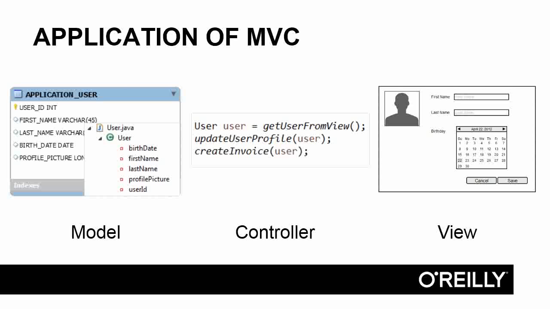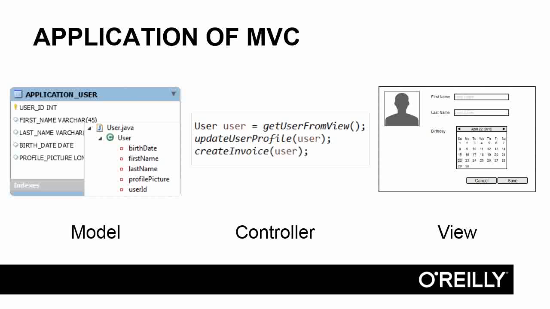And then finally, we have the view on the right side of our diagram here. And this is basically the user interface that's going to collect the information from our user. And you can see how it represents the different fields in the model. We have the first name, the last name, and a birth date and a profile picture.